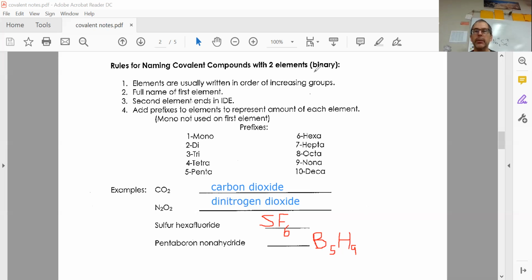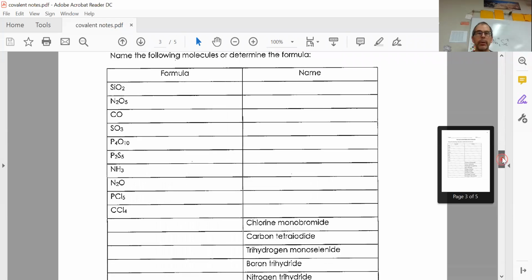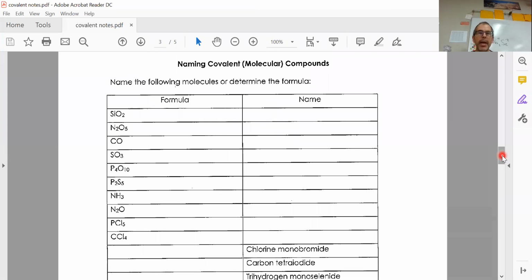Okay, let's clear my drawings. We're going to go to the next page, and I'm going to do name the following molecules or determine the formula. So I'm going to go to this one, CO, and I'm going to come up with a name for it.